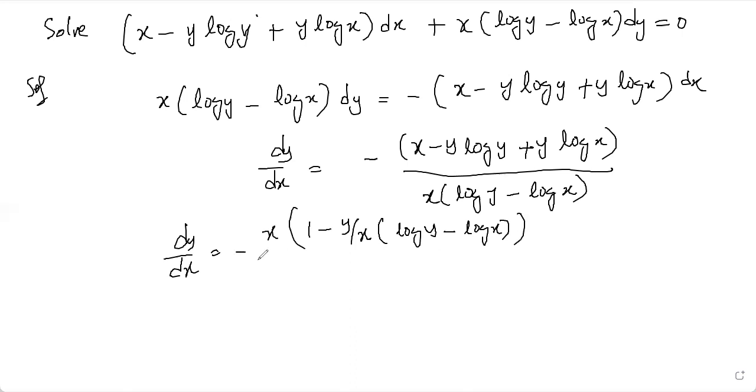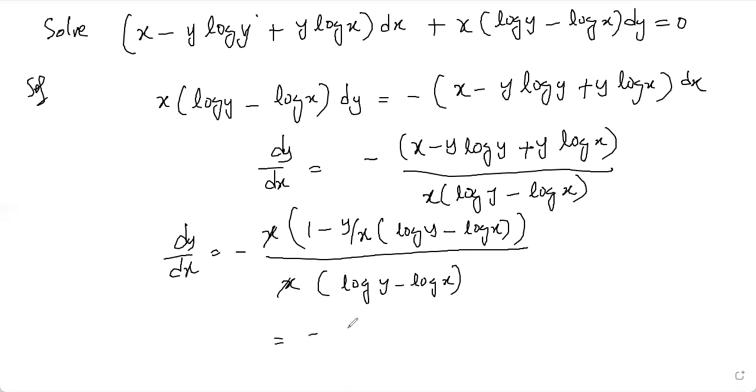And x gets cancelled, so that we have minus outside. This will be minus 1 by x into log y by x, divided by log of y by x.